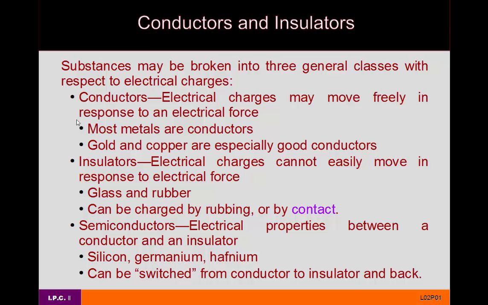There's also superconductors, which just basically means that the object is an extremely good conductor. Charges move extremely easily. We will get into that later when we talk about resistance, but that's for another day.